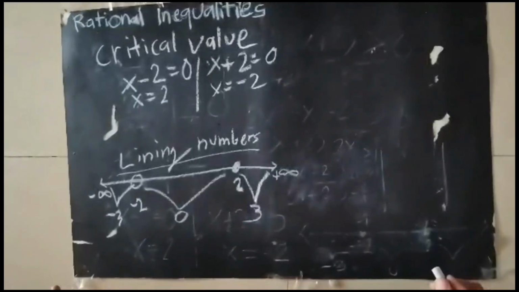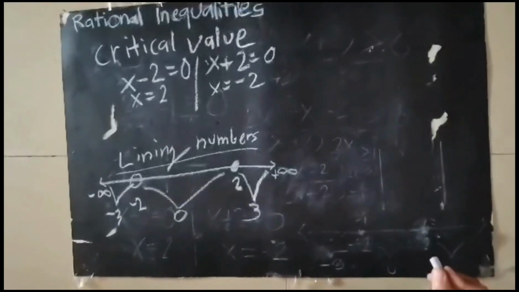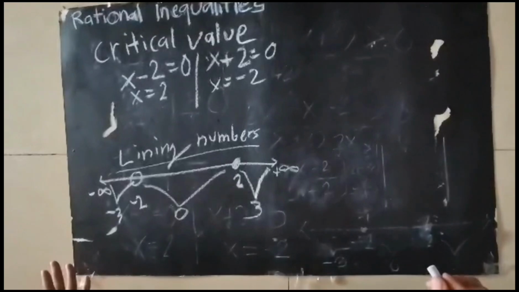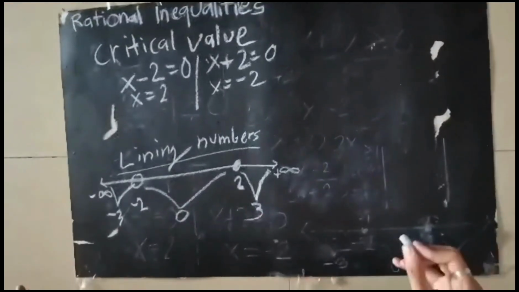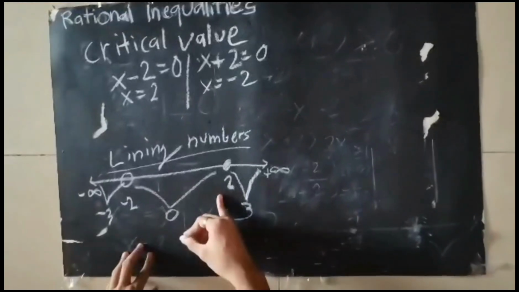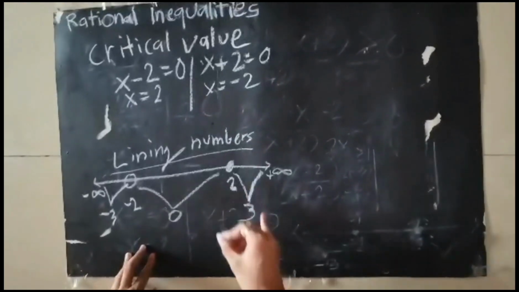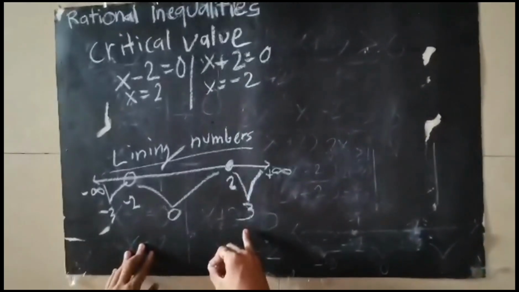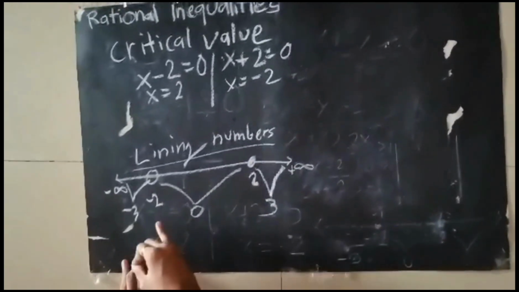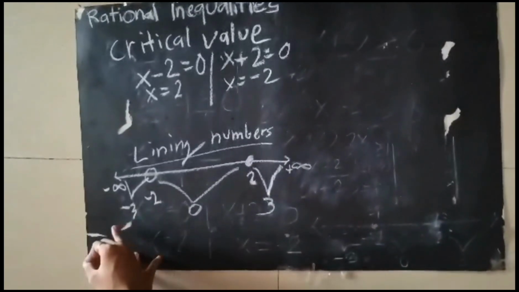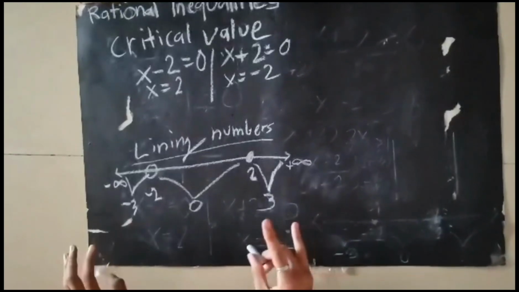For the intervals, above the positive 2 we take positive 3, and in the middle we take 0, and below negative 2 we take negative 3. So keep that intact.